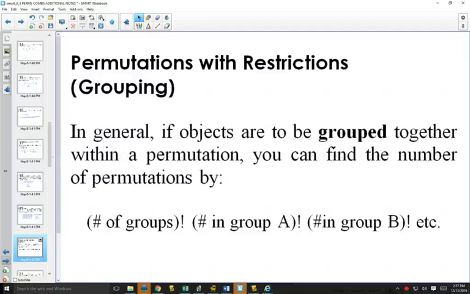So up till now, in the new notes, in the first section, we learned about dealing with restrictions first. That was a little bit new. We are now going to learn another new strategy, which is the grouping strategy. Sometimes you want to arrange things in a row, but you still want certain things together.